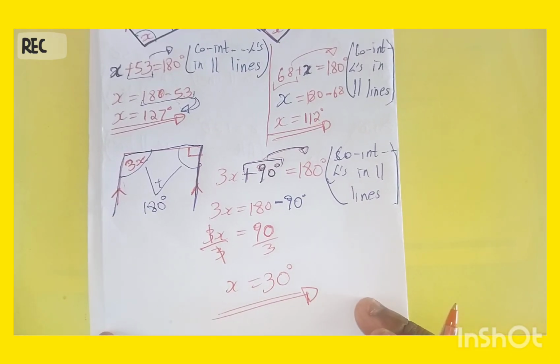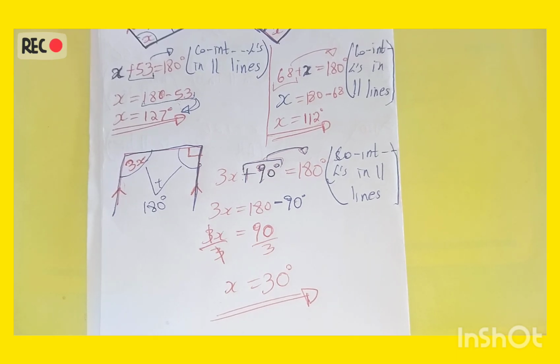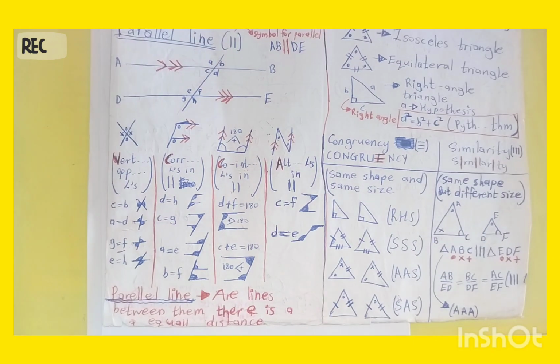Do you see? So here guys, you should just know the small basics of algebra, know how to solve for x, and also know your reasons, because what we are learning the most is the reasons.